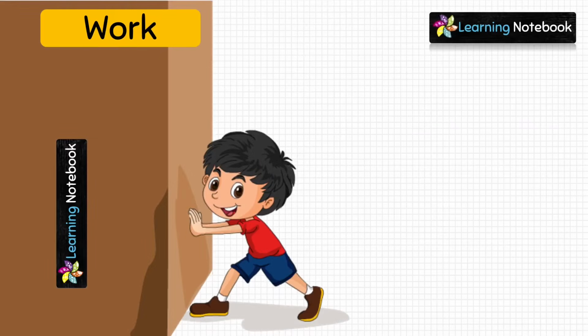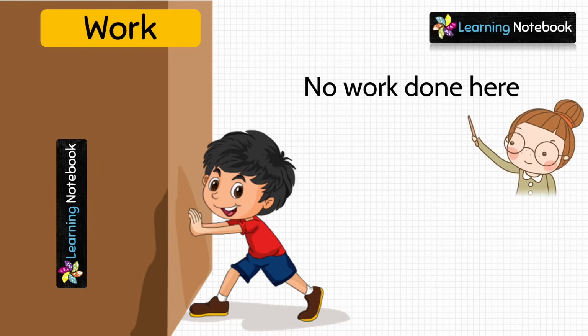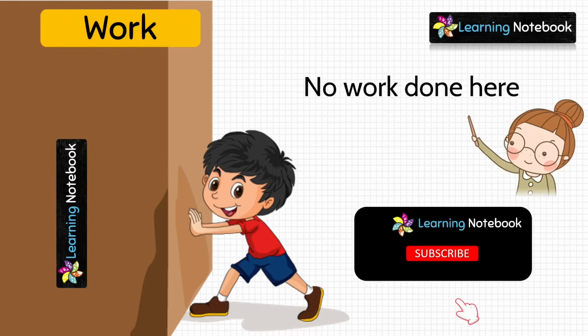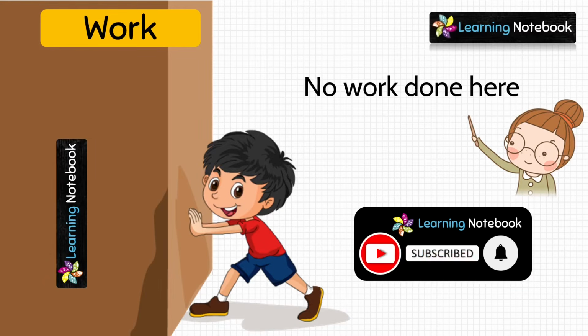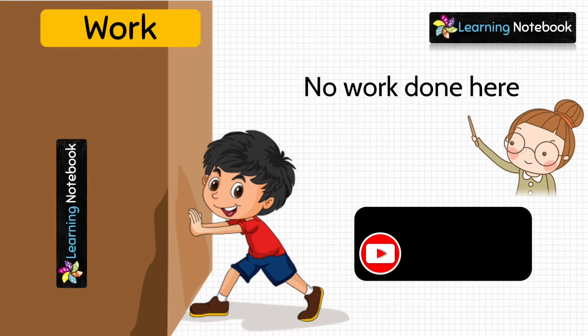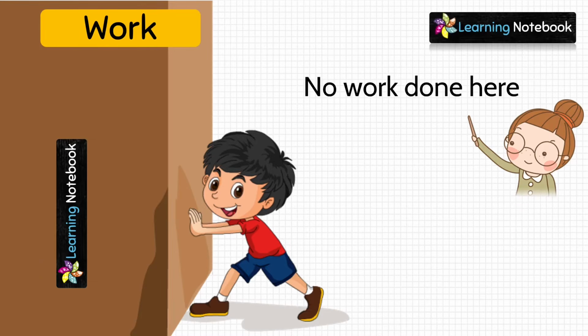Students, when we push a wall with all our mighty force, then also the position of the wall does not change. So we will say no work is done here in this case. So now I'm sure you have understood what do we mean by work in science.